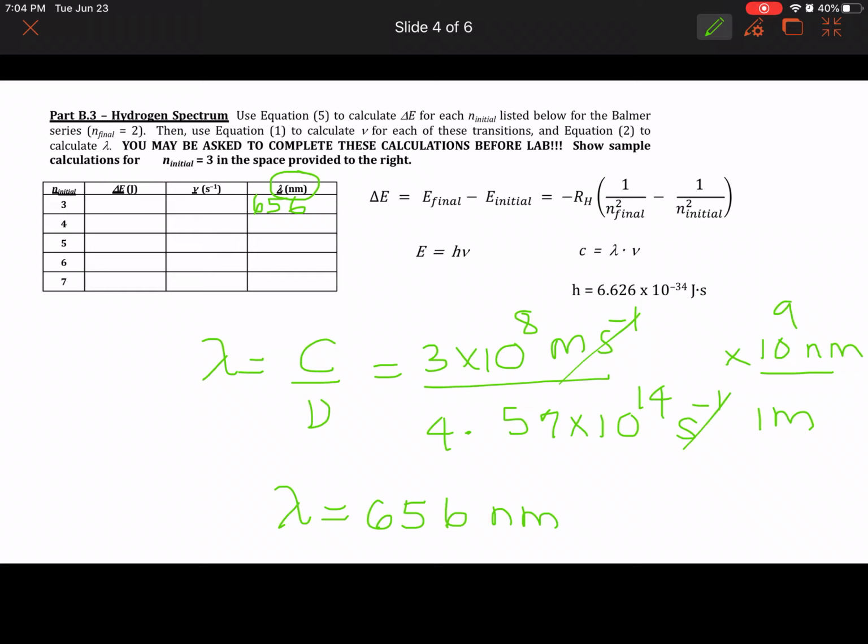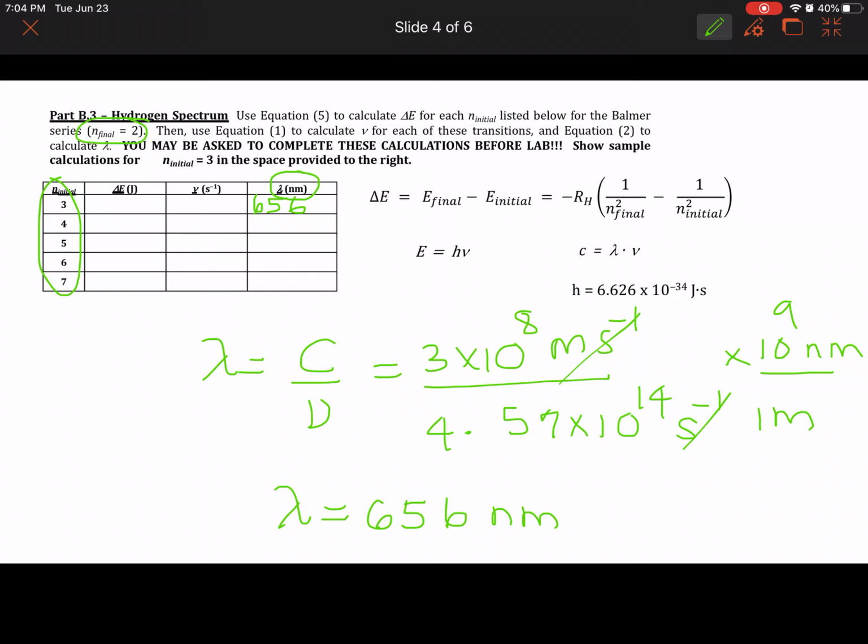And similarly, you do it for the n initial 4, 5, 6, 7. For each and every calculation, n final is going to be 2 and n initials are going to be these values. So you calculate the delta E, you calculate the frequency, and you calculate the wavelength, 656.